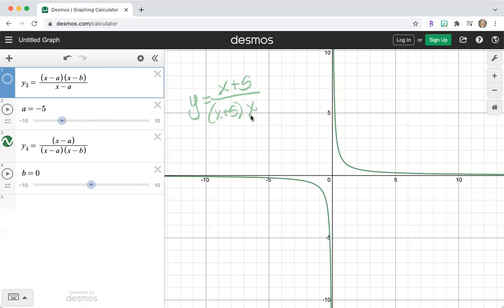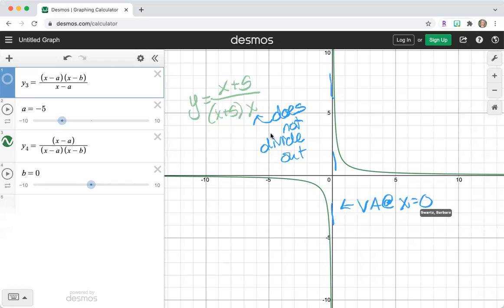So this is where we see these can divide out. So they do not create a vertical asymptote, but this one, x, does not divide out. So therefore, we do have a vertical asymptote at x equals 0.